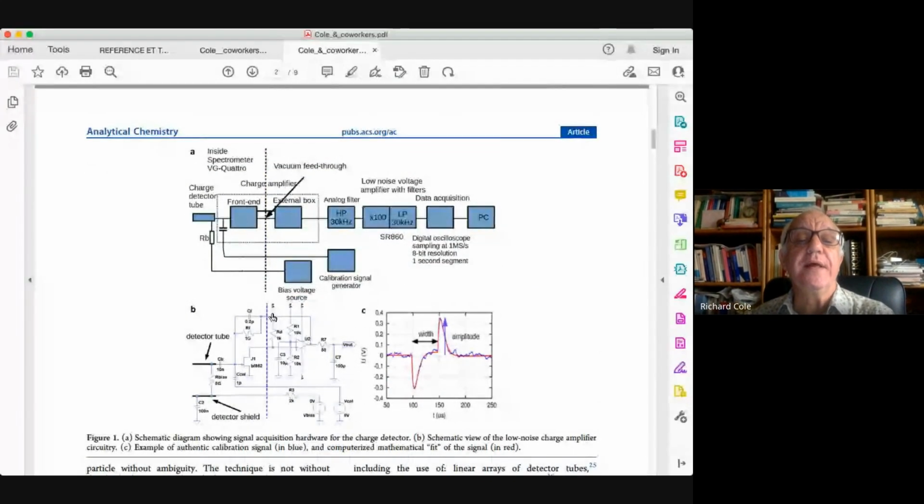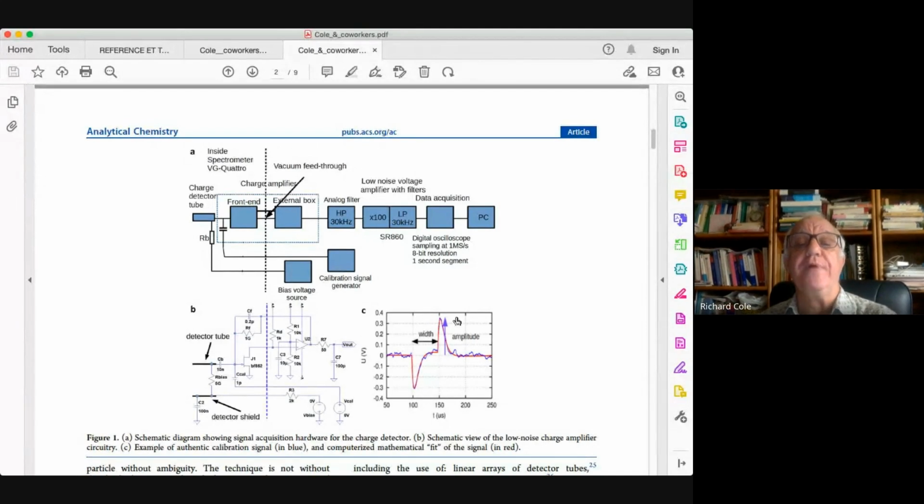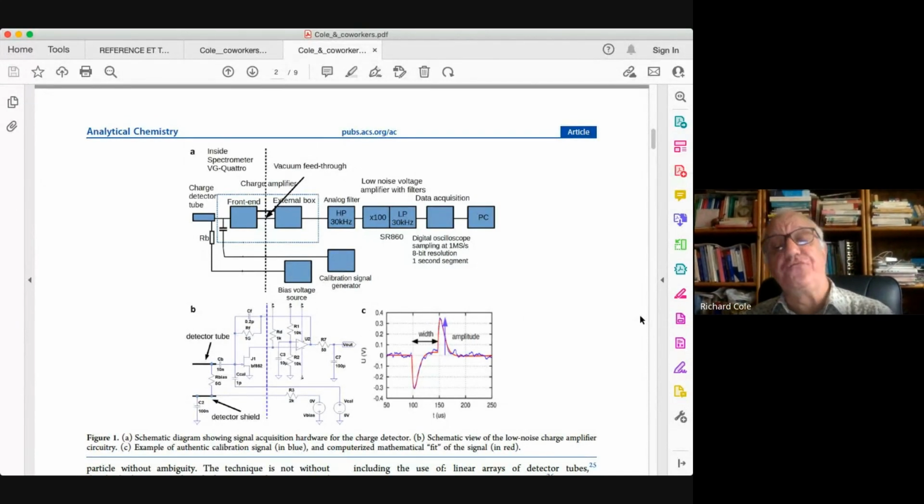That's shown right here, U2, the operational amplifier. Now our design is really based upon the first Benner design of quite a few years ago.